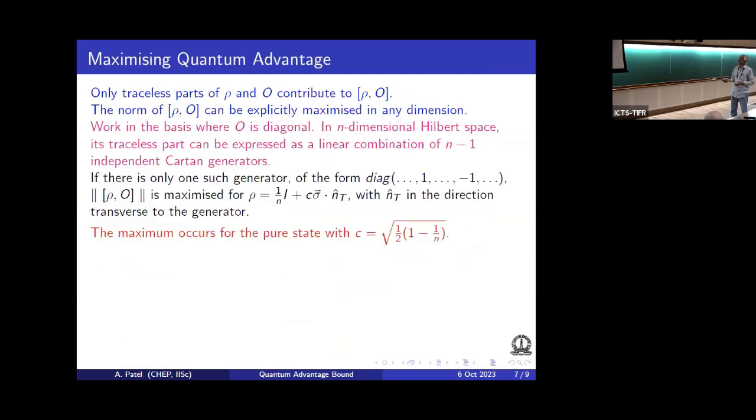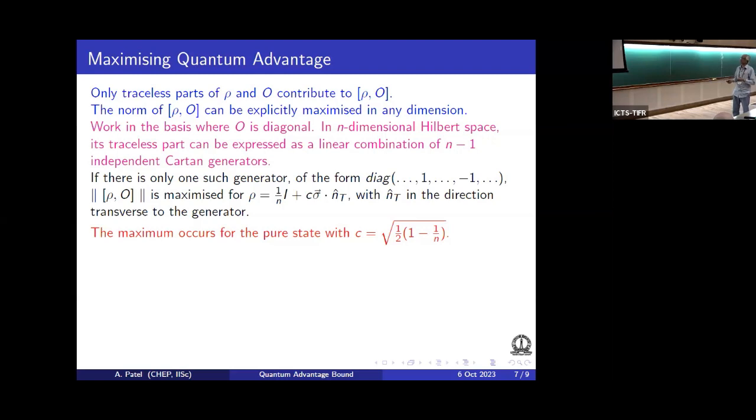What else? Well, you can solve this problem in general, not for a qubit, but for an n by n matrix. Simple steps. First thing is the commutator only depends on the traceless parts.